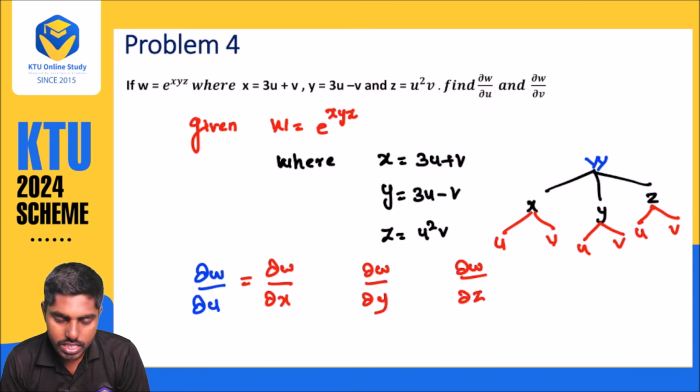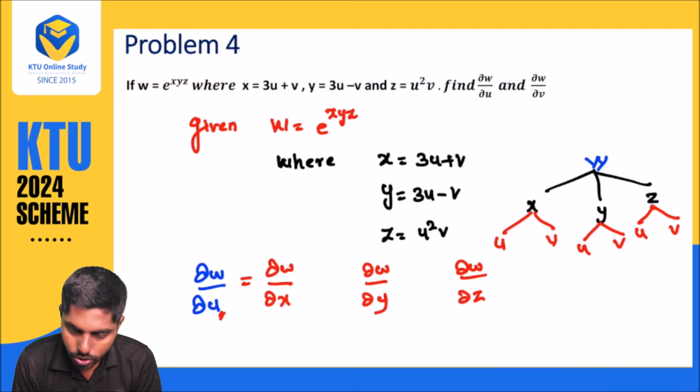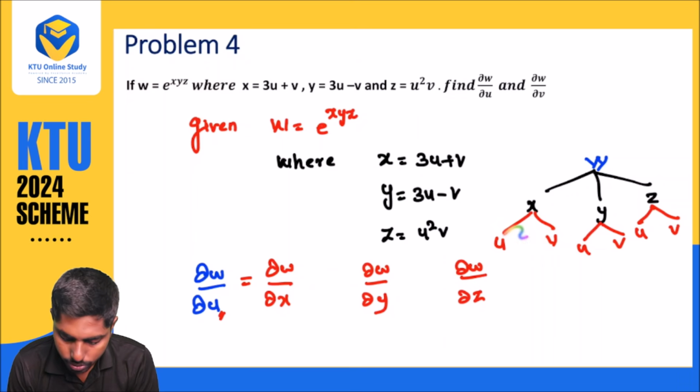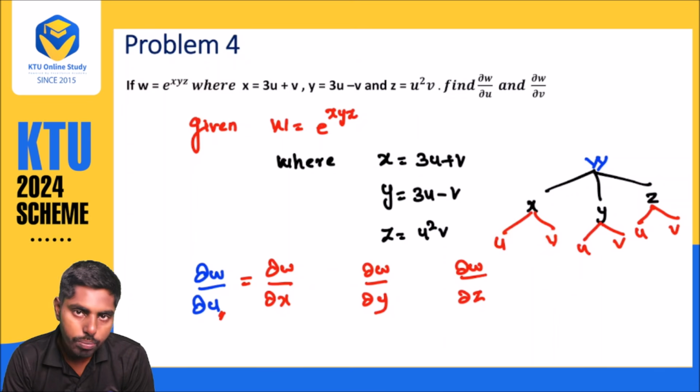Similarly, our X is depending upon U because they are asking about U first. Our X is depending upon two variables, U and V, so we will be writing in partial form.